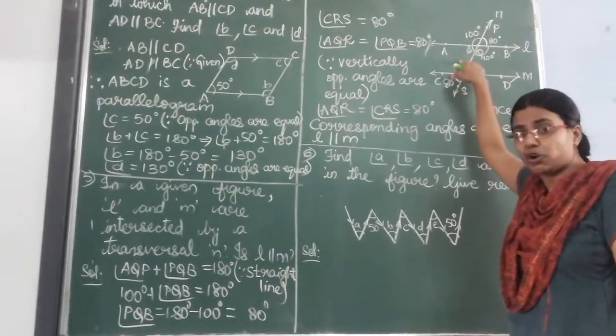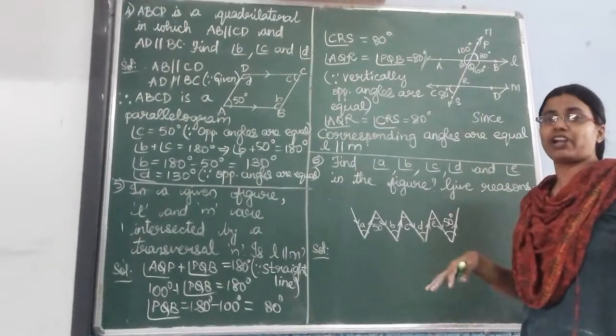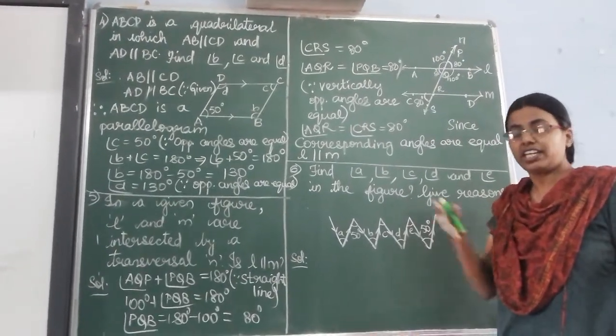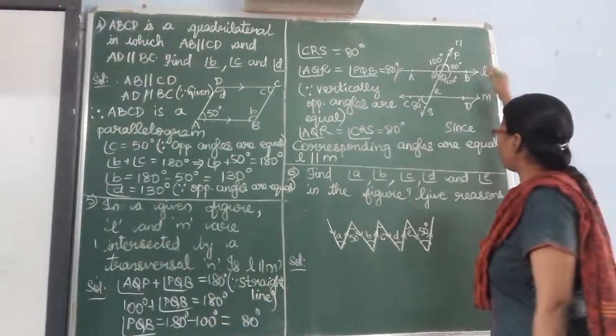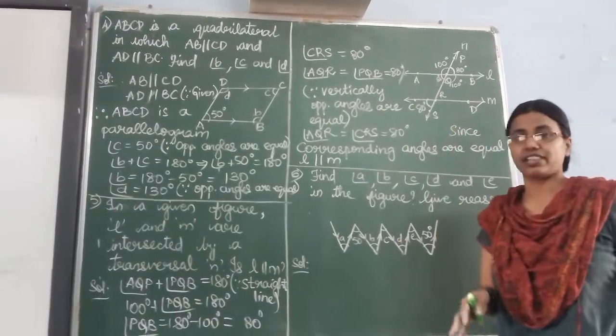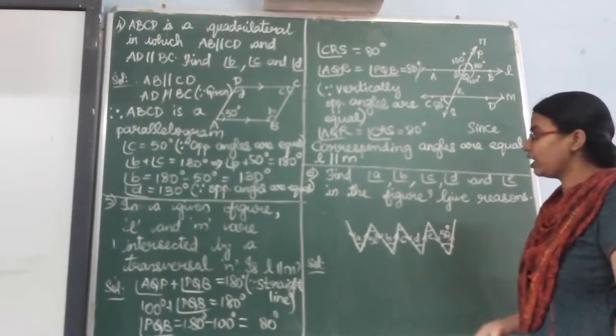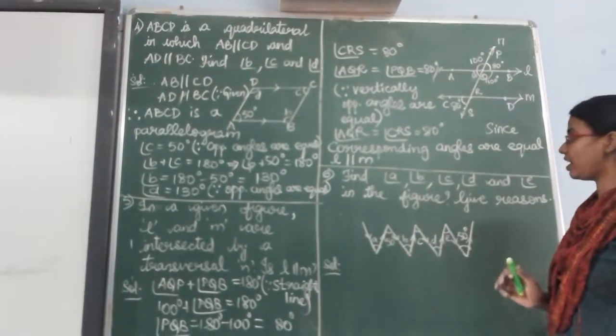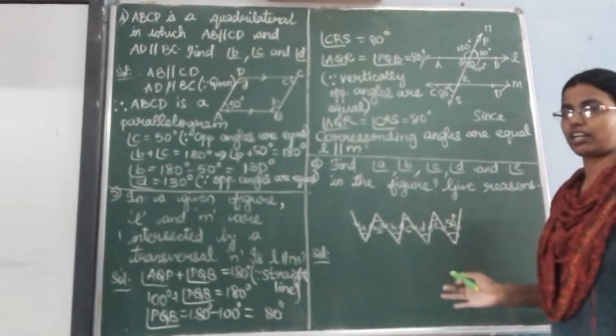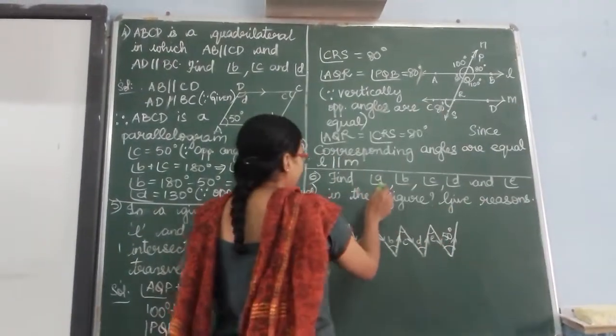Both of them are corresponding angles. Because corresponding angles are equal, we came to conclude that both the lines are parallel to each other. Understood, children? Okay, copy.